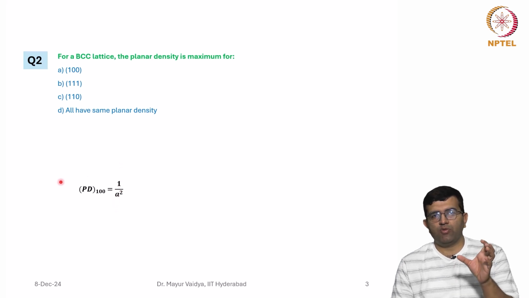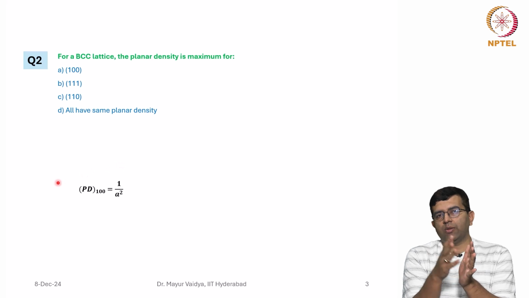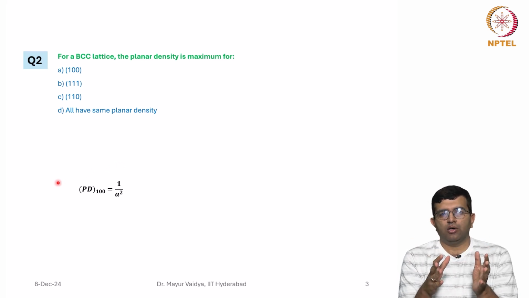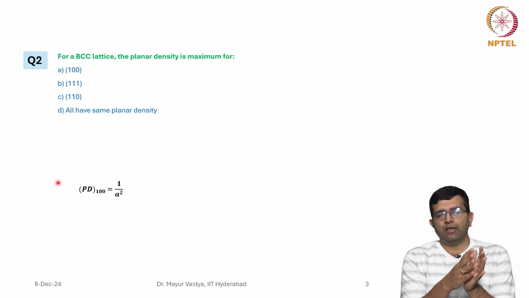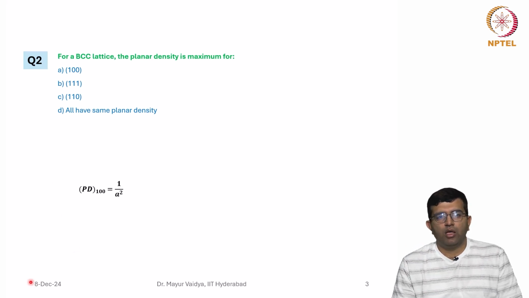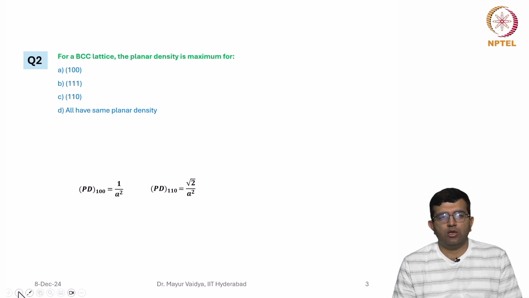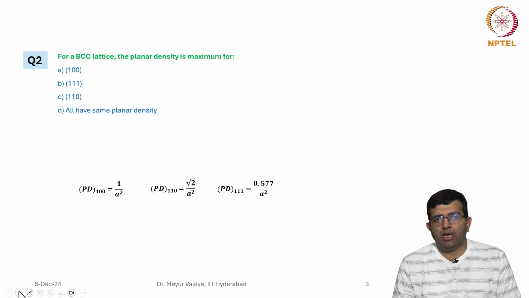Basically, it is the effective number of atoms on that plane multiplied by the area of 1 atom, and divided by the area of the plane. If you calculate for 100, it is equal to 1 by a square. For 110, it is root 2 by a square. For 111, it is 0.577 by a square. So you will see that the 110 has the maximum planar density. Therefore the correct option is C here.